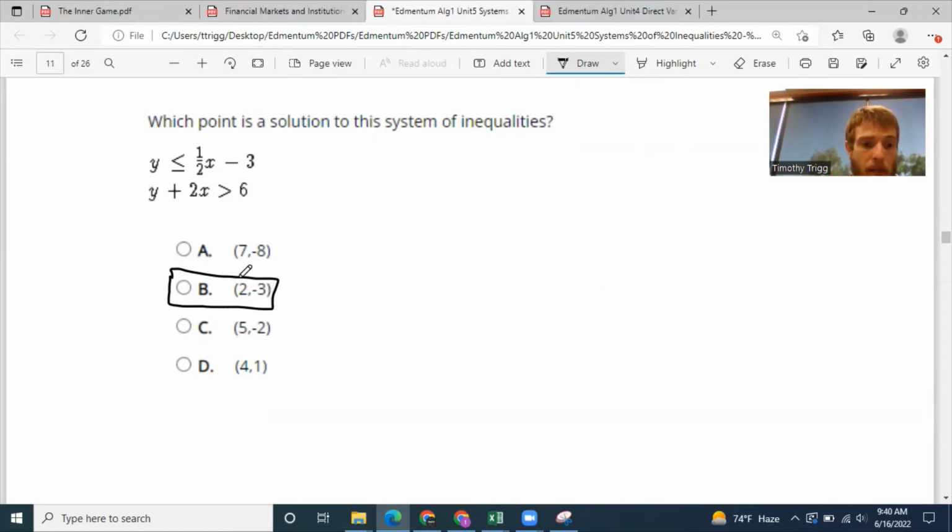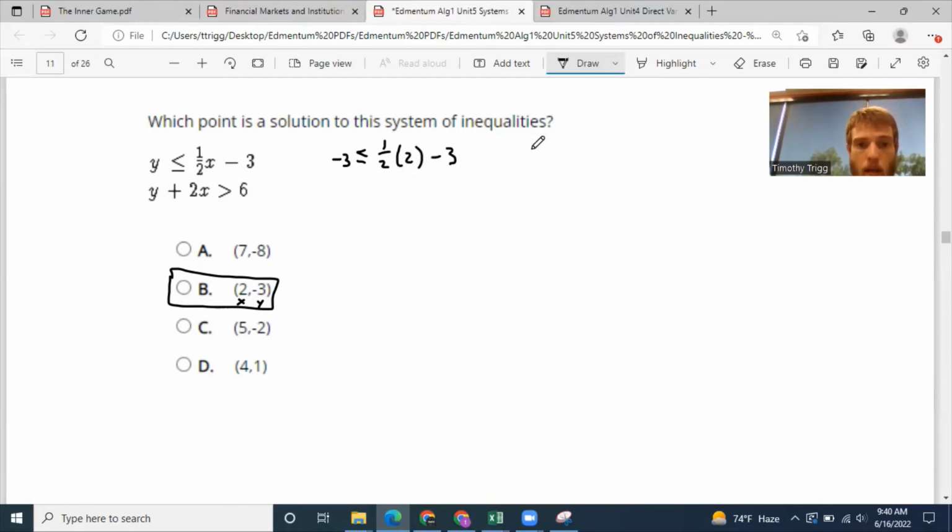So I'm going to replace the X with 2, that's the X coordinate, and replace the Y with -3 in both of these inequalities to see if it produces a true statement for both. Let's rewrite this first inequality. -3, that's what I'm replacing the Y with, is less than or equal to 1/2 times 2, and then -3.